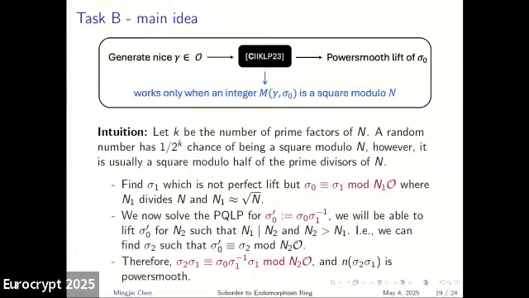I guess I don't have time to go into all the details, but this is a sketch of how the iteration works. So we find the partial lift, and somehow we increase the modulus we are lifting a little bit, step by step, and in the end, after at most polynomially many steps, we will be able to combine everything to give a lift for sigma 0.